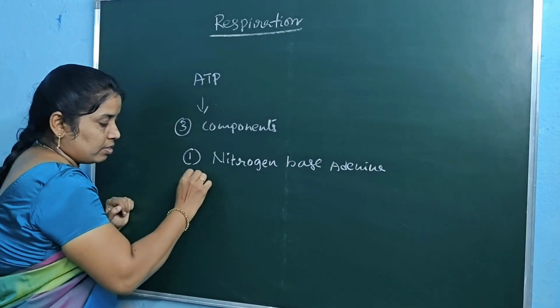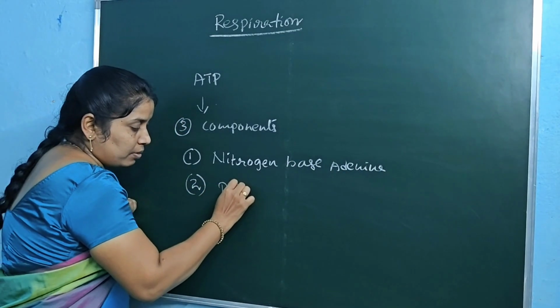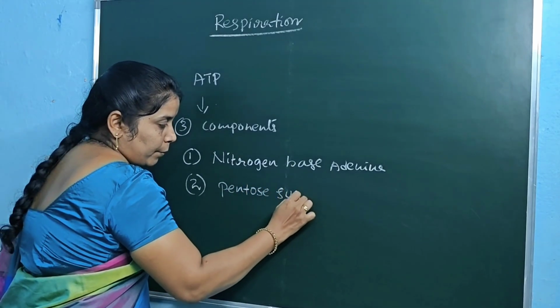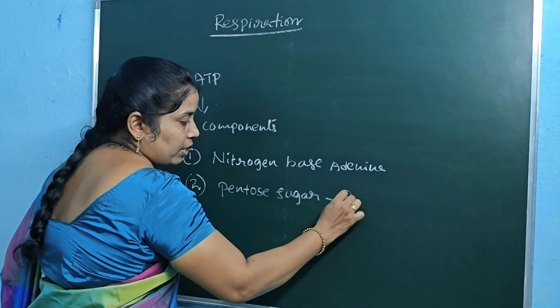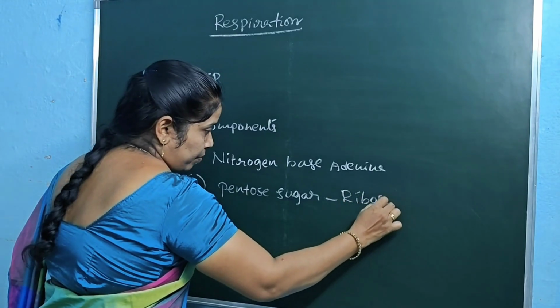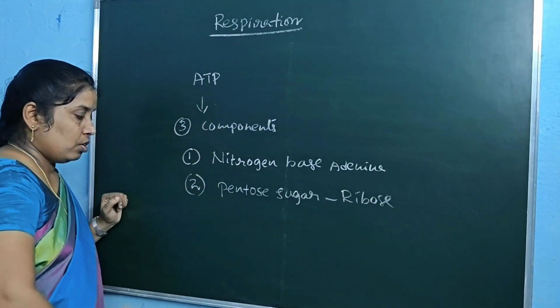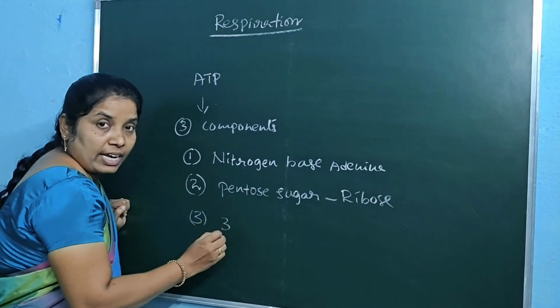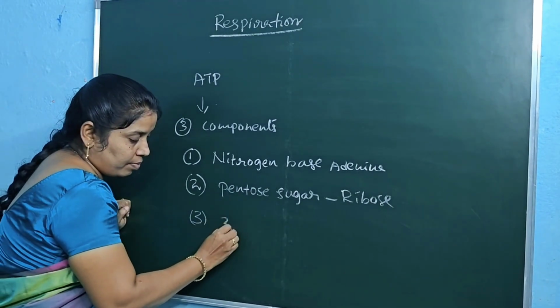Second one is a pentose sugar, nothing but ribose sugar. Third one is three inorganic phosphates.